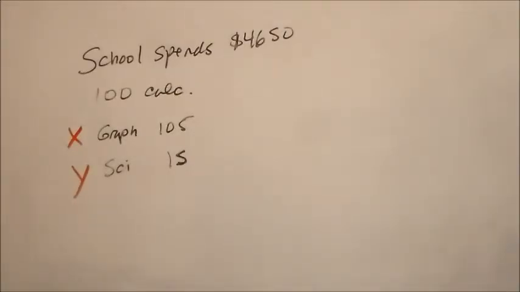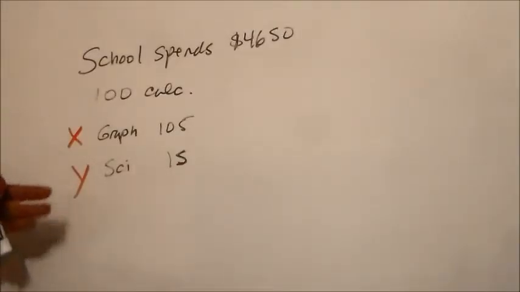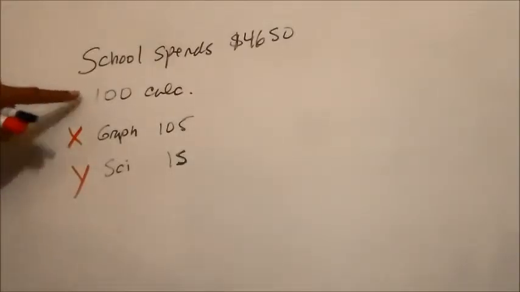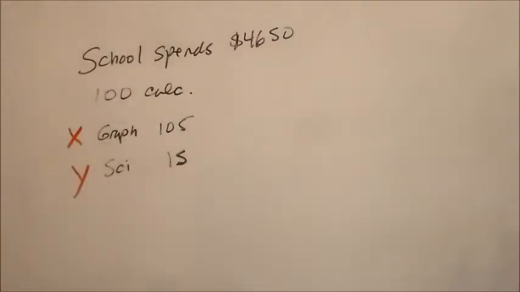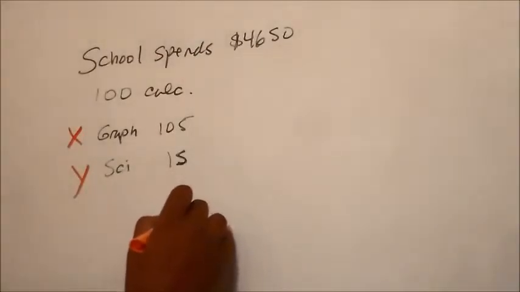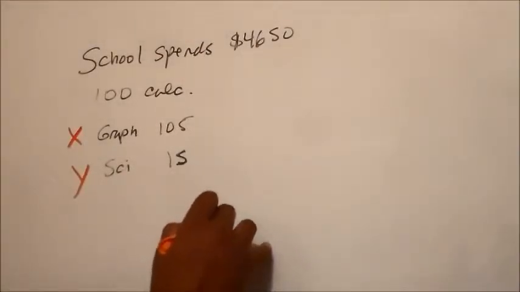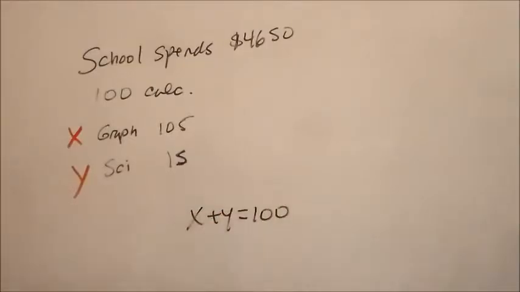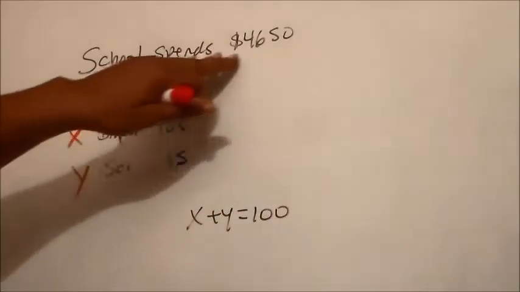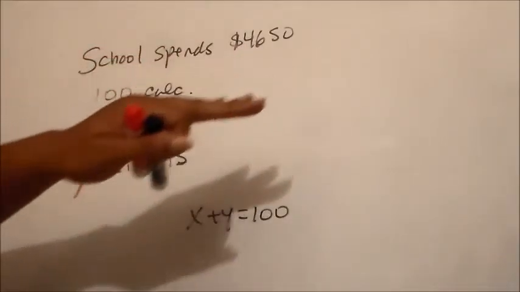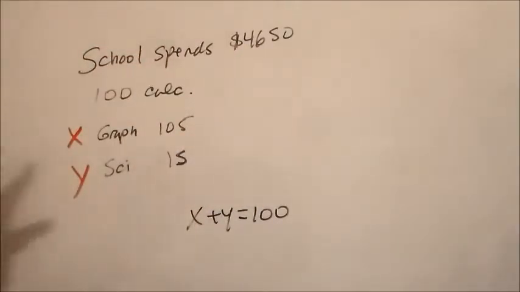So the total of the items would just be x plus y equals how many items? 100 calculators. So that's one of our equations: x plus y equals 100. The multipliers go to the money, or total cost, or number of points gained.